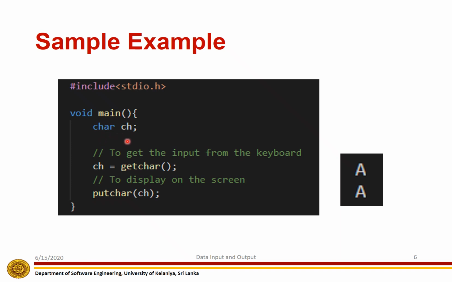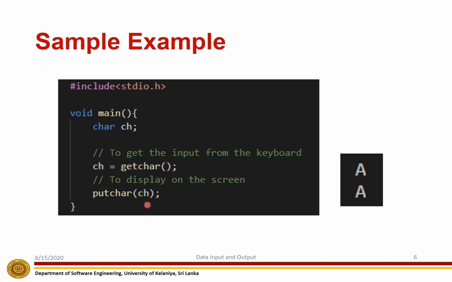Here ch is the variable name. Then to get the input from the keyboard, I have used the function getchar with empty parentheses, and I have assigned that value to the variable ch in the same line. After that, for displaying, putchar with ch inside the parentheses, and remember to put the semicolon at the end of each line.